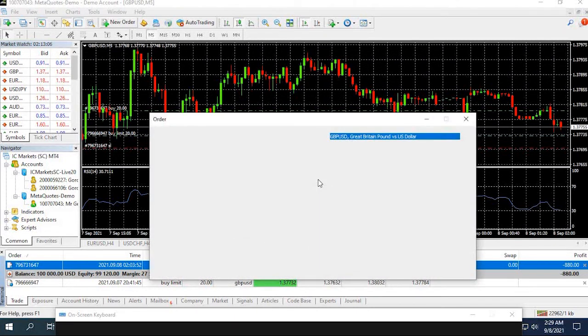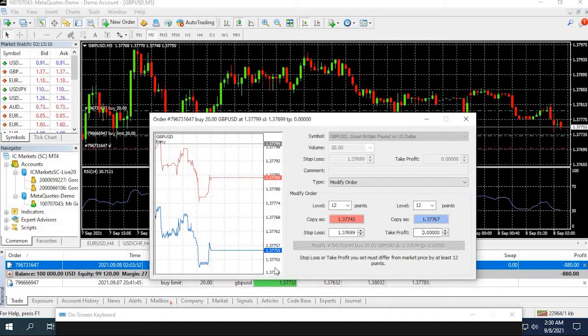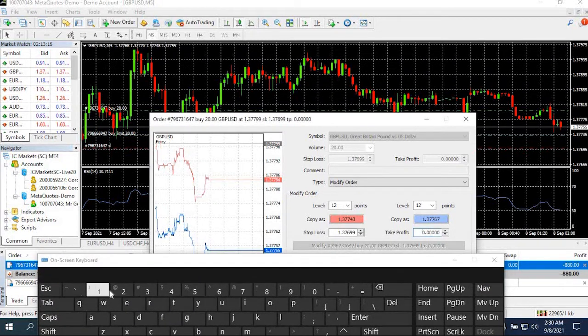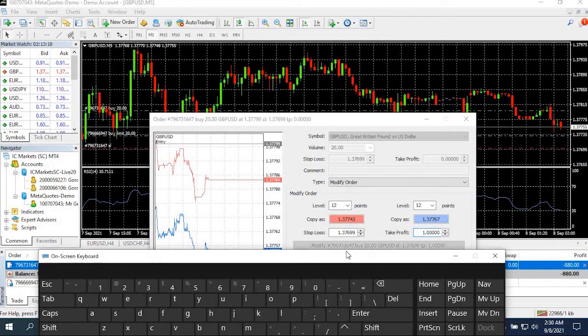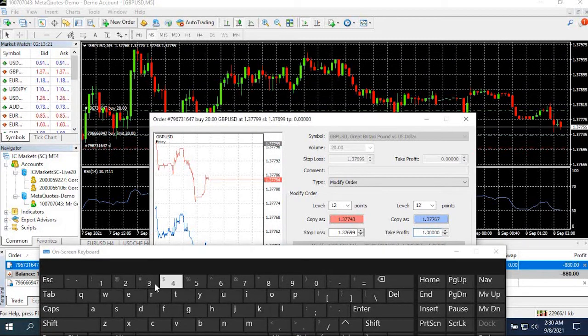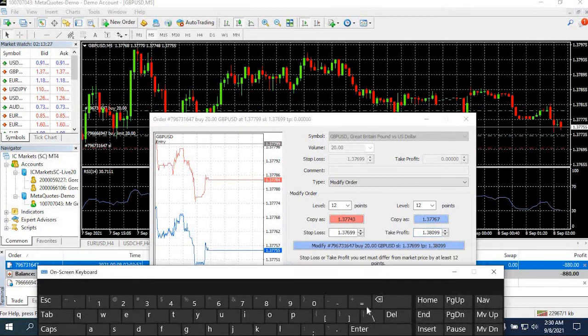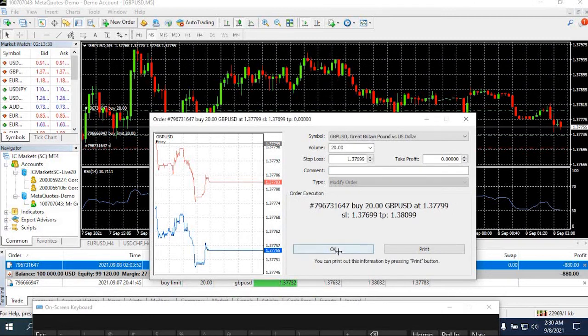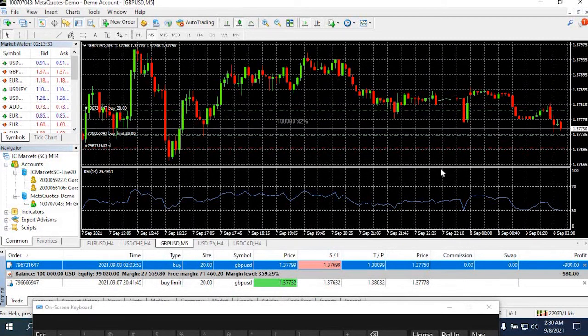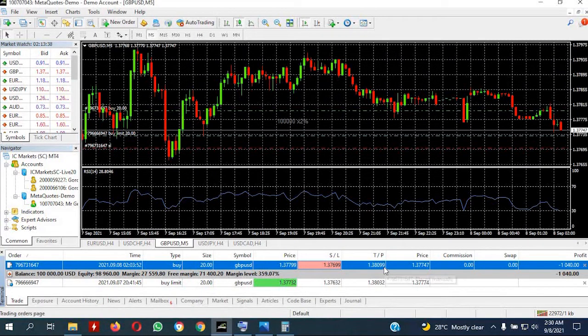Click modify, right, 1.38099. So that would be the take profit, right? Okay. So that is how you set your stop loss and take profit, right? So this is the figure right here. We add the next text.